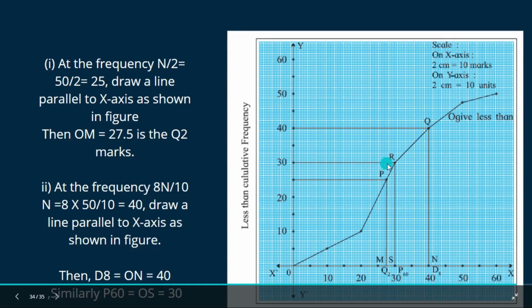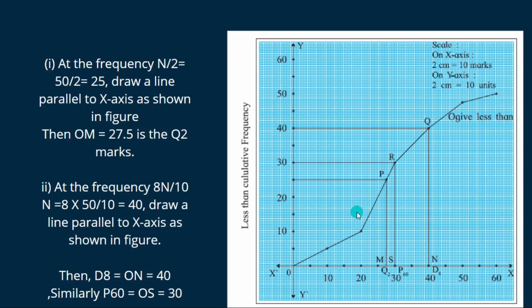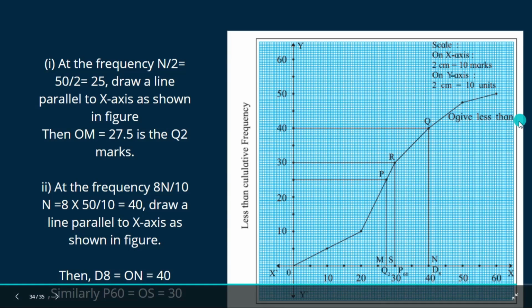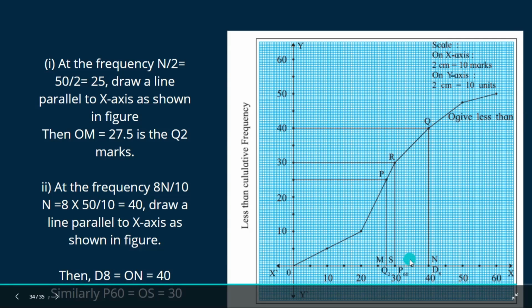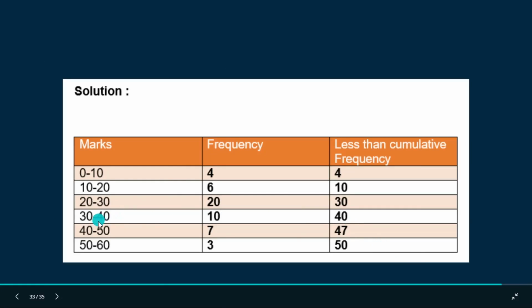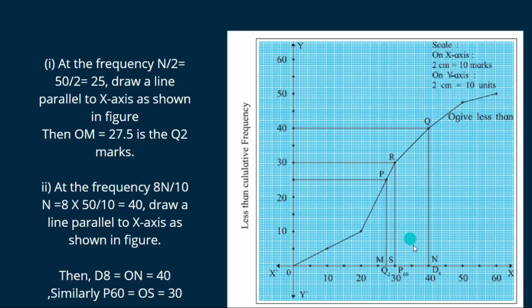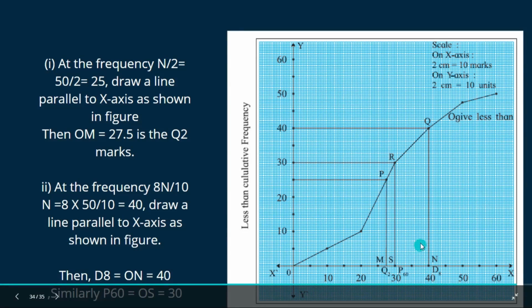So first do the plotting in a straight line. Don't draw any lines now, don't draw any part of the curve or lines, just do the plotting part. Then again we'll check the table. For 40 there is 40, so we'll go to 40 and plot one point here.